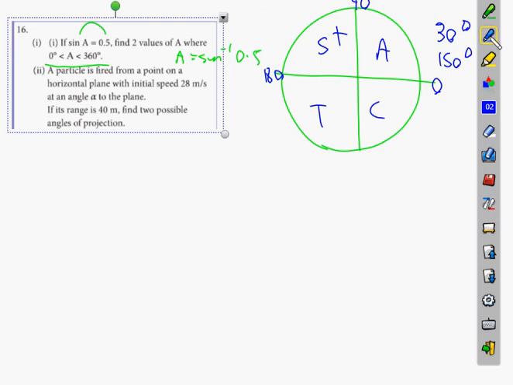What's the formula for the range and what's the formula for the height from the last question we did? That's the range. And this here is the height.